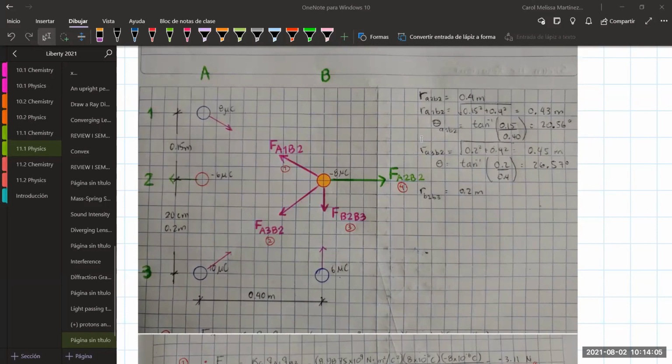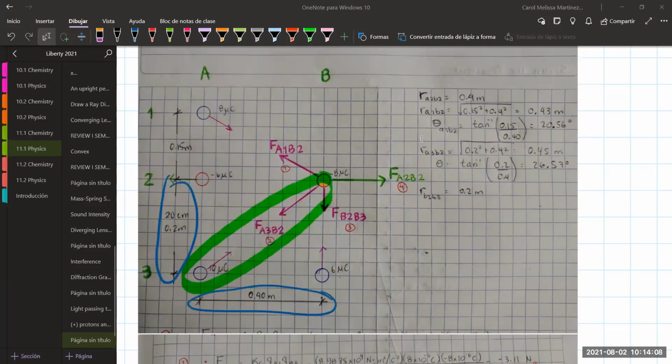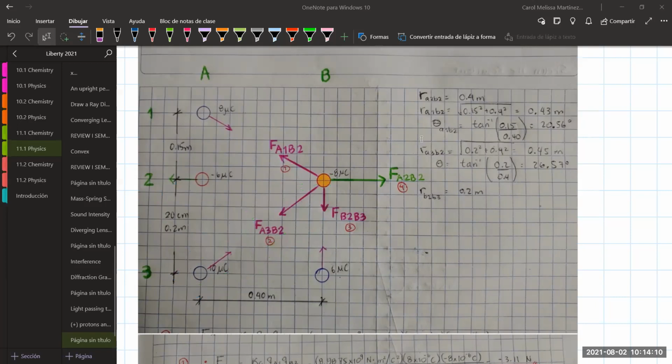I also calculate the angle, okay? I know now this distance and I find this angle. This angle, by the formula, I obtain 26.57 degrees.